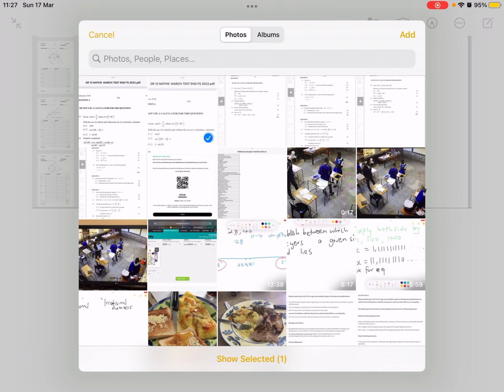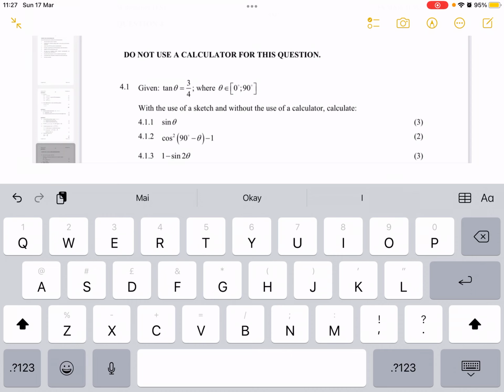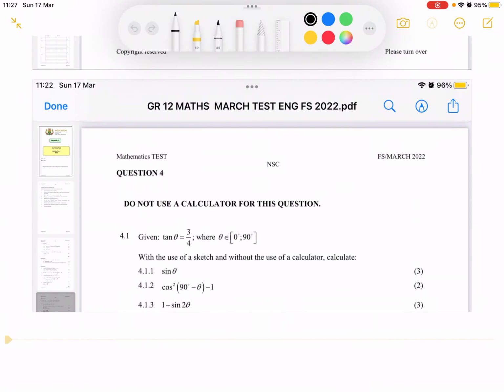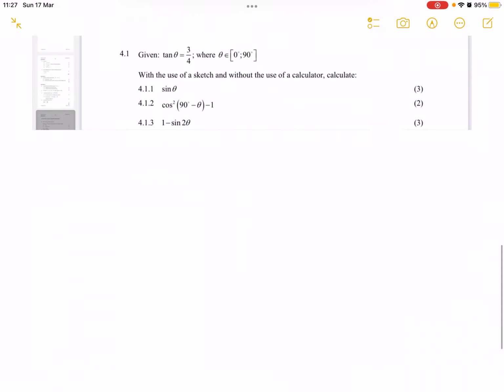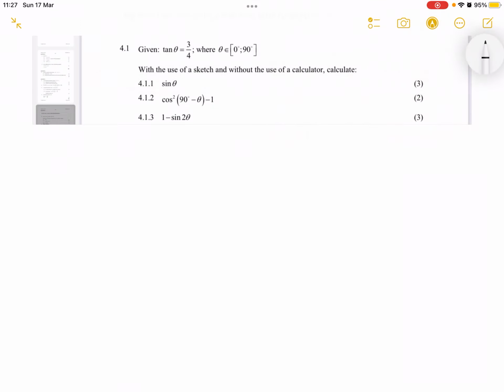As we have the view of this question, we're given tan theta is equal to 3 over 4. So writing down tan theta is equal to 3 over 4.